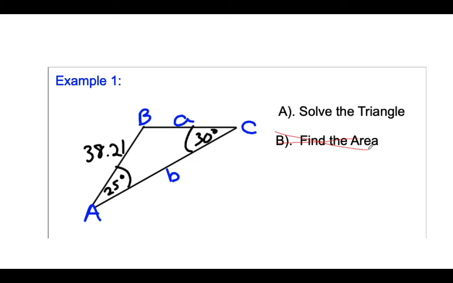So you've got to find the missing side lengths or angles. Well, first off, we could find angle B using the idea that all the angles have to add to 180. So I do 180 minus 25 minus 30, and that's 125 degrees. Now if you look here, we know angle, side, angle, so we can do this.